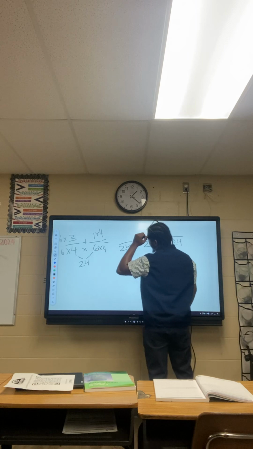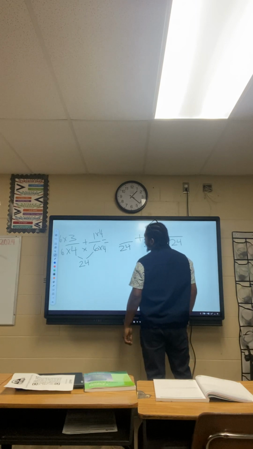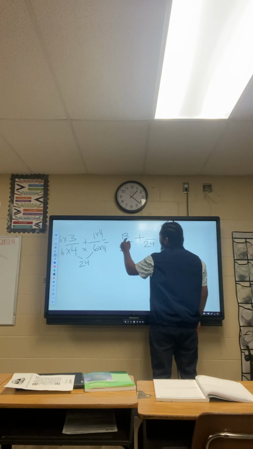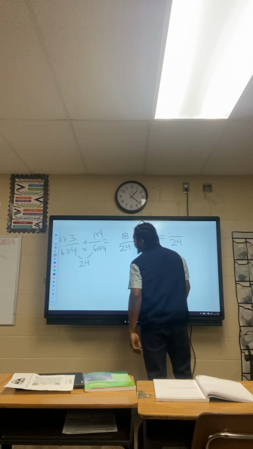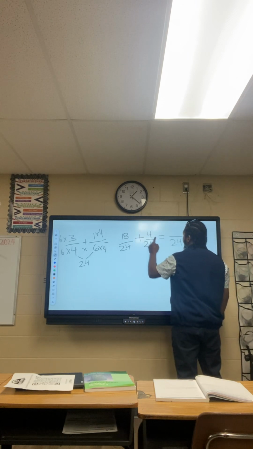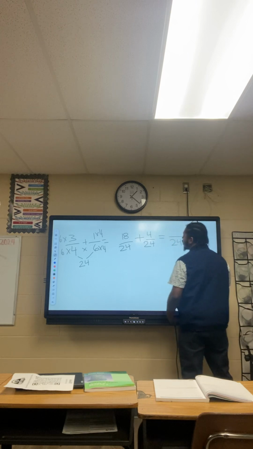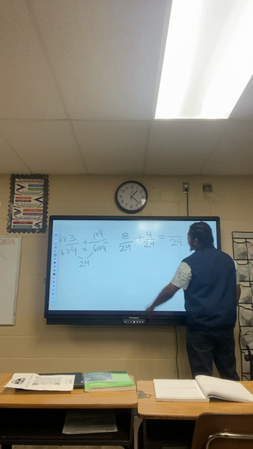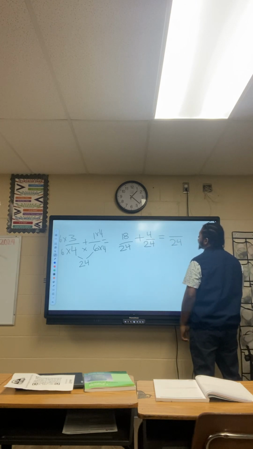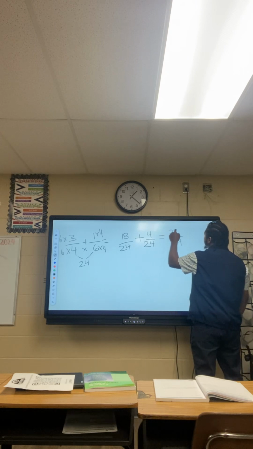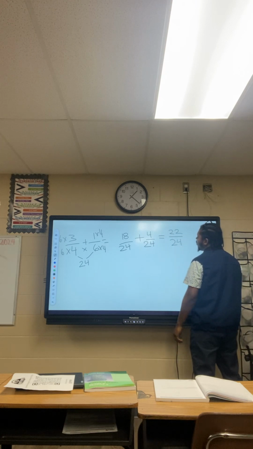Now we can go up top and we can multiply. So we have 6 times 3, which is 18. And then we have 1 times 4, which is going to be 4. And we're adding to find out the total amount that he traveled. So we're going to take 18 and add 4 to it. 18 plus 4 is 22. So we have 22 of 24, okay?